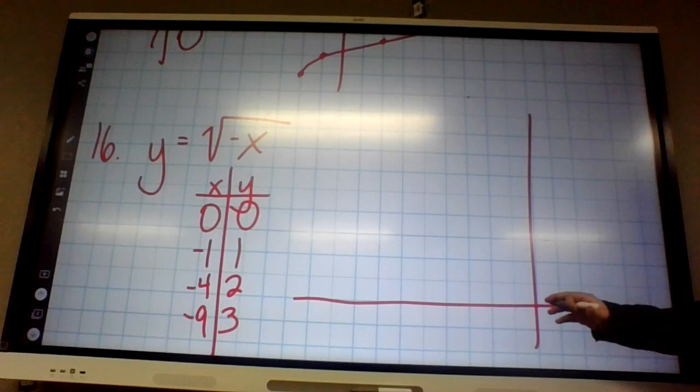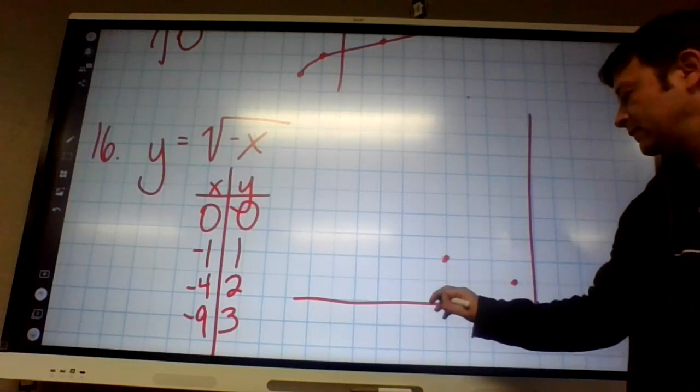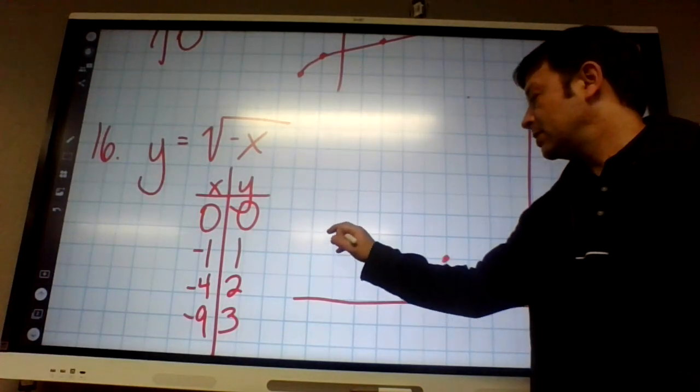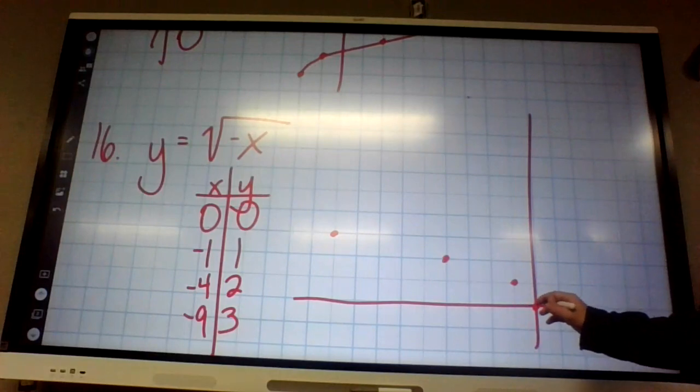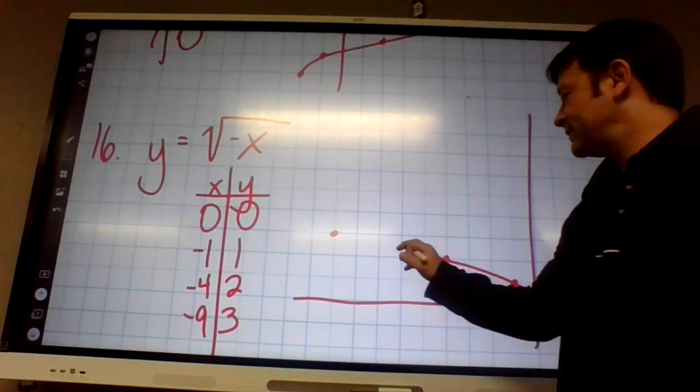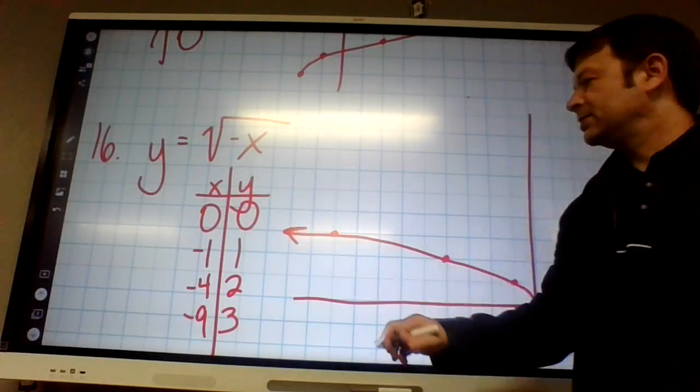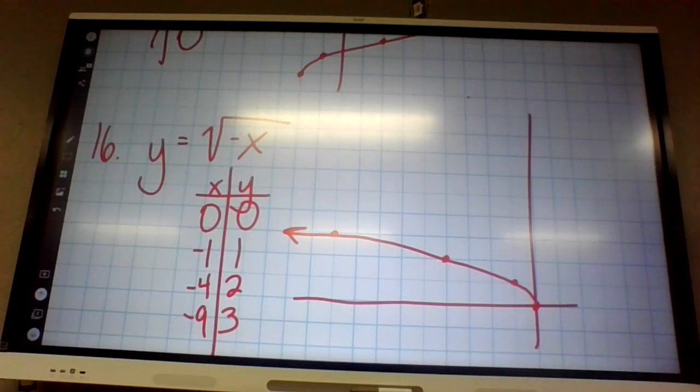It's going 0, 0, -1, 1, -4, 2, -9, 3. The x values flopped, so it's a horizontal flip. It's flipping right to left. That's what happens when you put a negative on the x.